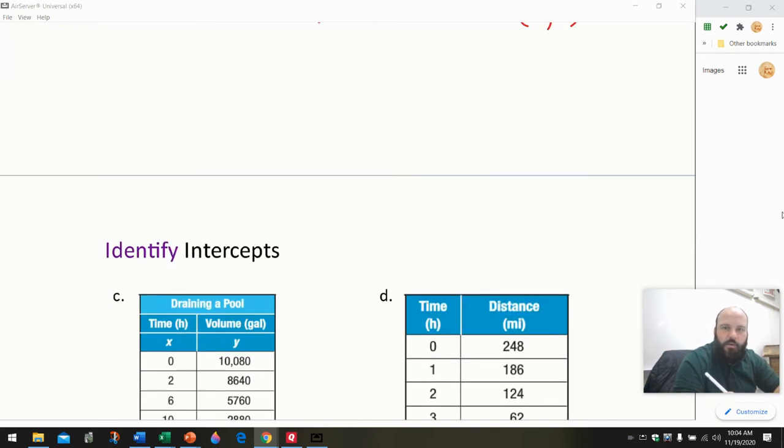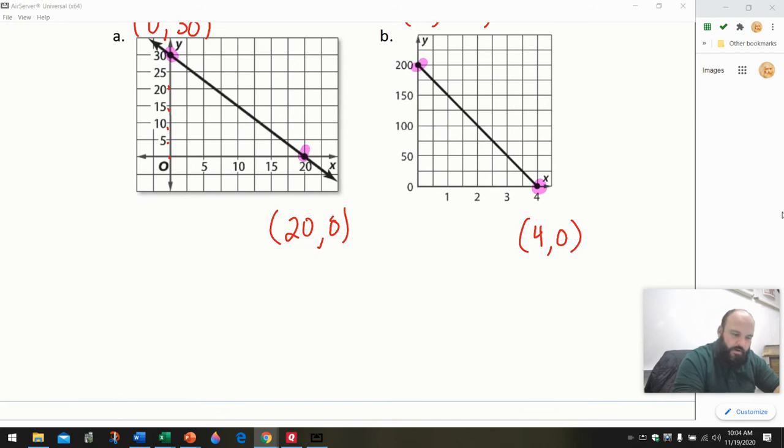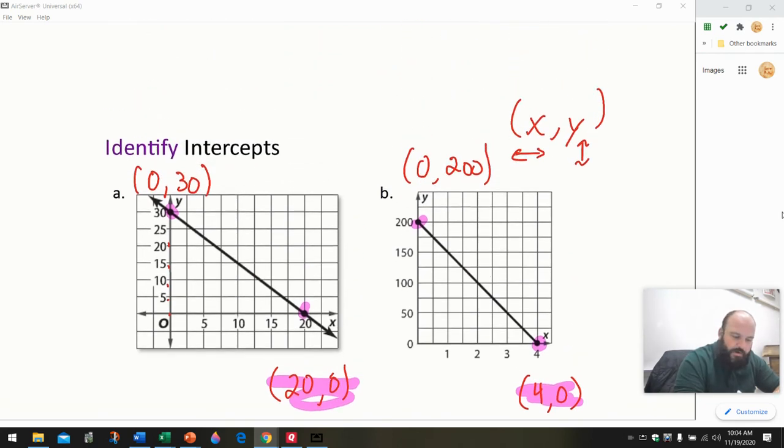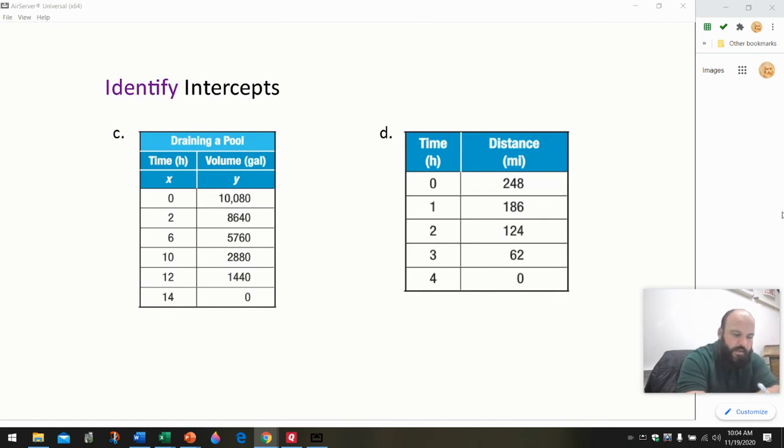And so now, well, let's go back here for a second. If you notice, the x-intercepts are going to have a 0 for y. See that? The y-intercepts are going to have a 0 for x. And we're going to use that to identify the x and y intercepts in the next two tables.